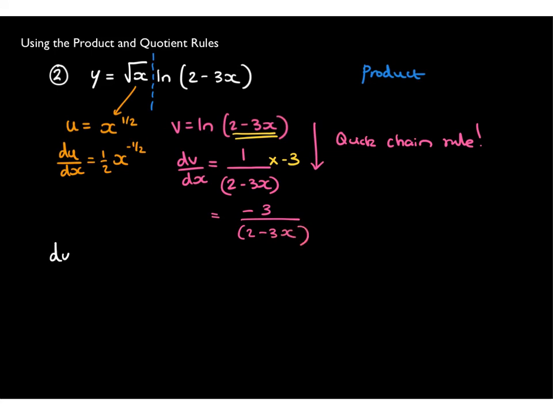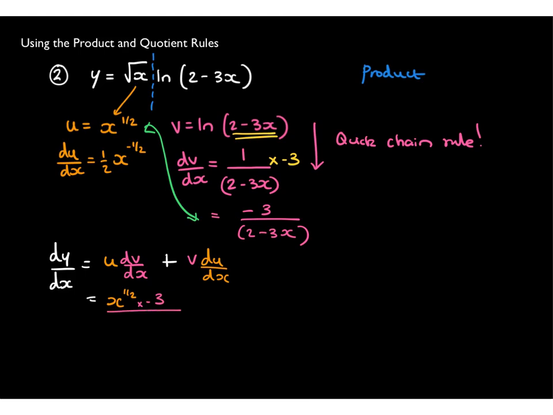Now let's put everything together using the product rule. So I want my u multiplied by dv by dx, and then of course we want to add on v multiplied by du by dx, the other way around. So u multiplied by dv by dx is of course this product pair over here. So that's x to the half multiplied by negative 3 over 2 minus 3x.